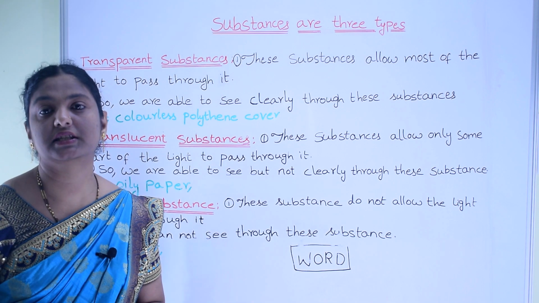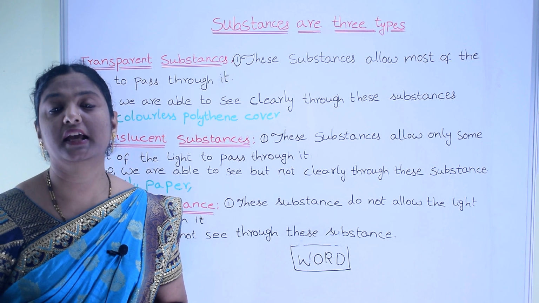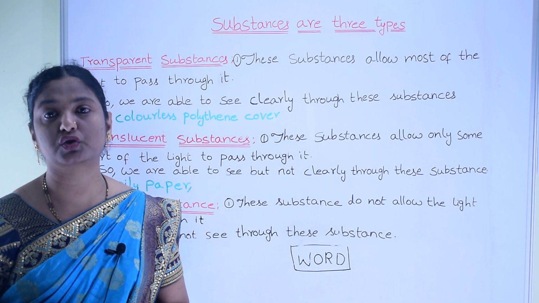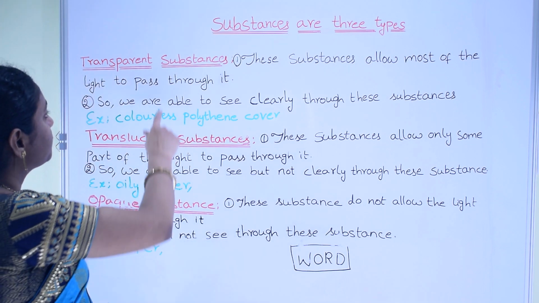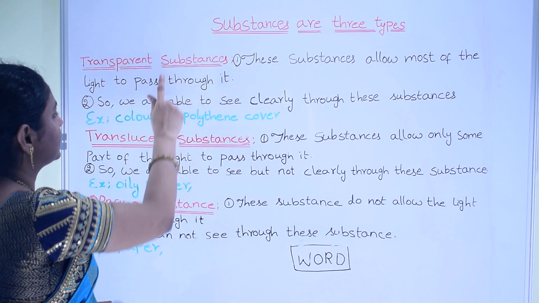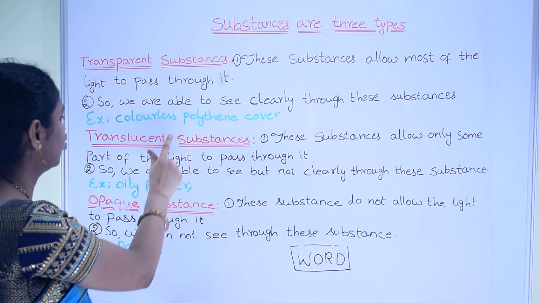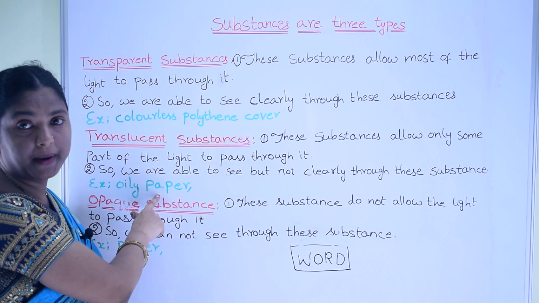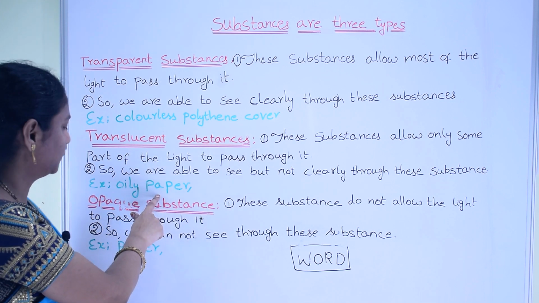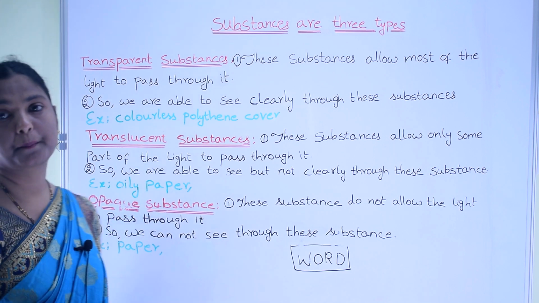Right, this is about the three types of substances depending upon the light travelling through them. First, transparent substance, example is colorless polythene cover. Translucent substance, example is the oily paper that I showed you. Next, opaque substance, example is paper.